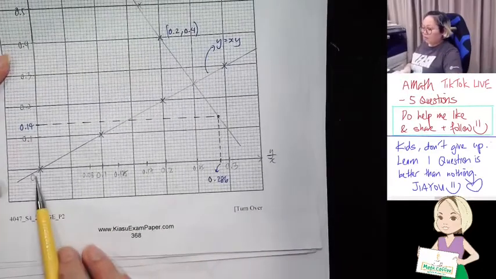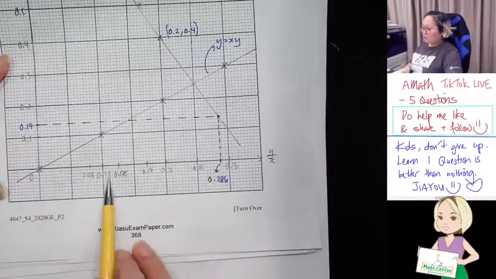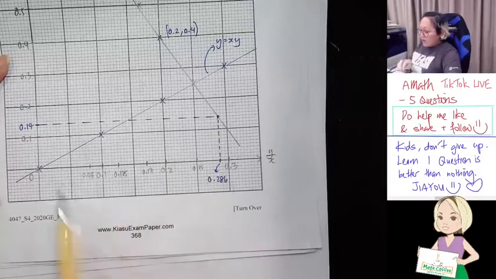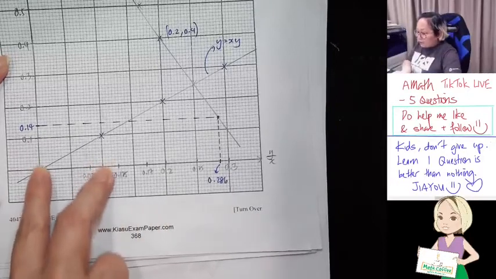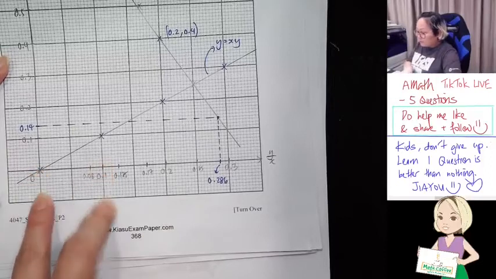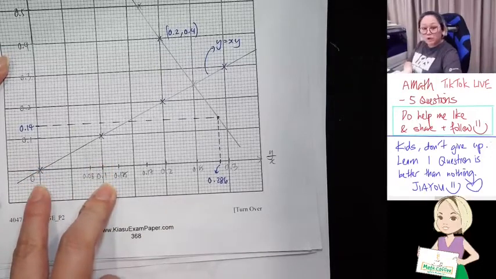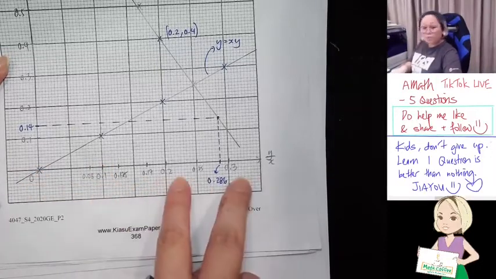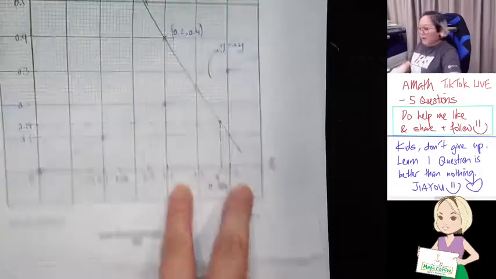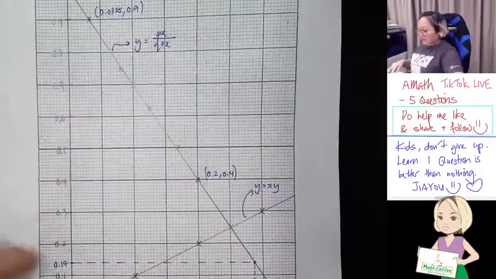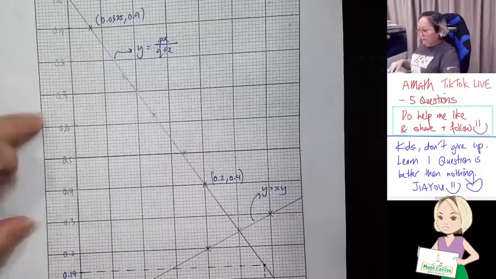I know I want 0, 0.1, 0.2, 0.3. So I use two big squares, which is 4 cm, to represent 0 to 0.1, 0.2, and 0.3. Okay, and then on my vertical axis, because I know my maximum only up to 0.7.